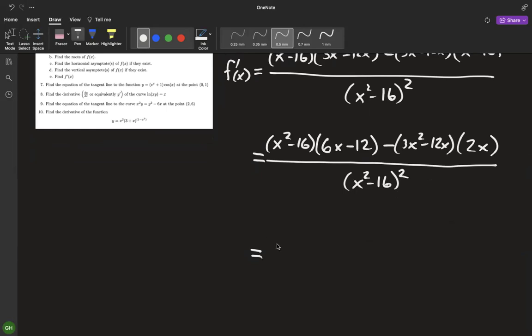So foiling, I'm going to get 6x cubed minus 12x squared minus 6 times 16 is 36 plus 60 is 96 x plus, yeah, things like 16 times 6 and 16 times 12 don't worry about that on an exam.